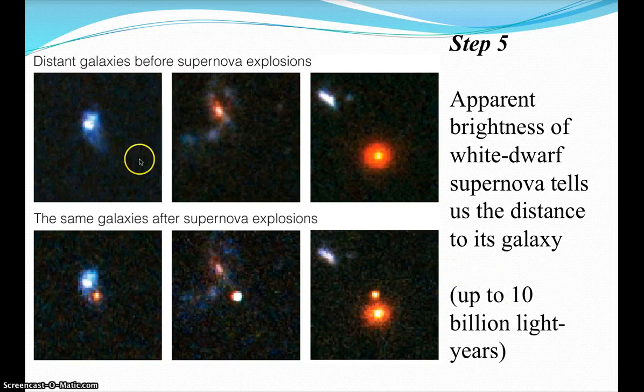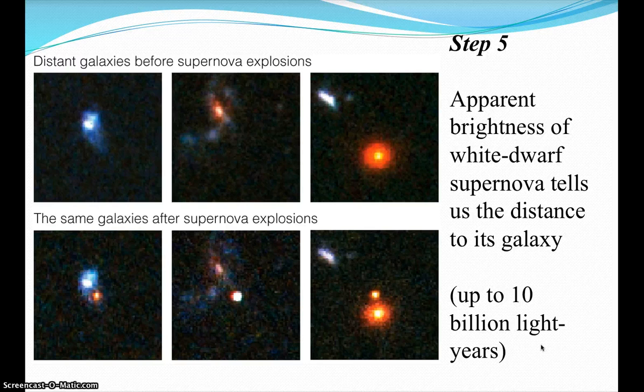So here are some pictures of galaxies. Above is what the galaxy looked like, and then this is when the white dwarf supernova occurs, again going from top to bottom, showing galaxies where the white dwarf supernova appears. The supernovas are sort of a transient quality. They don't last for a long time, and that's why you can see a picture of the galaxy without it as well as with it.